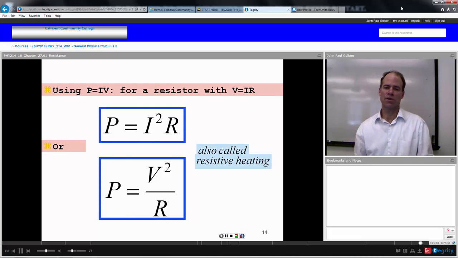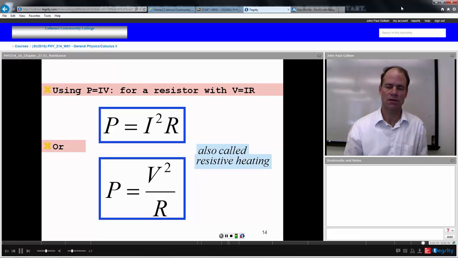We could also write this as power dissipated in a resistor as voltage squared divided by R. These are very useful formulas, and we're going to use them a lot when we start doing circuit analysis with resistors in the next chapter, chapter 28. So these are formulas we're going to take with us into the next chapter. That concludes our introduction to resistor circuits, chapter 27. Let's go on into true circuits.